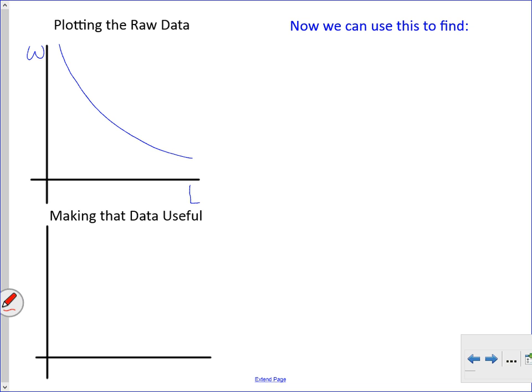Well, we just said that omega is the square root of g over L. So look, it's kind of an inverse thing. You could write this as the square root of g times 1 over the square root of L. Agreed? So it's kind of an inverse thing, and you know inverses have this general shape. But what I want you to do is plot a straight line graph.